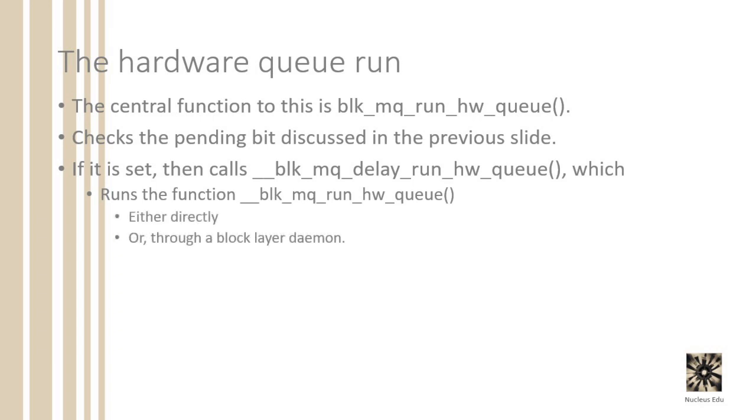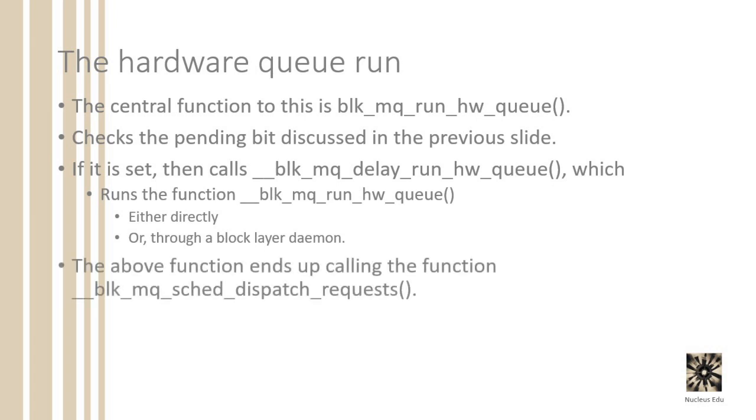Now this can either be called directly or through a block layer daemon, depending on whether the calling function is telling it the call should be async or sync. The above function, underscore block MQ run hardware queue, ends up calling the block MQ sched dispatch request function.